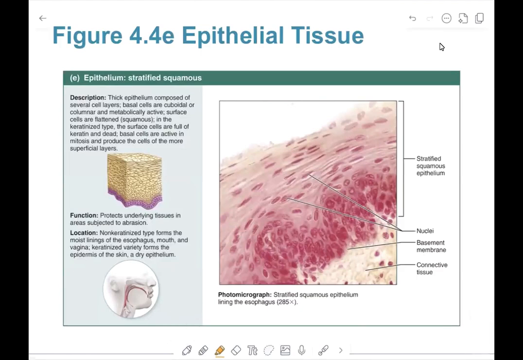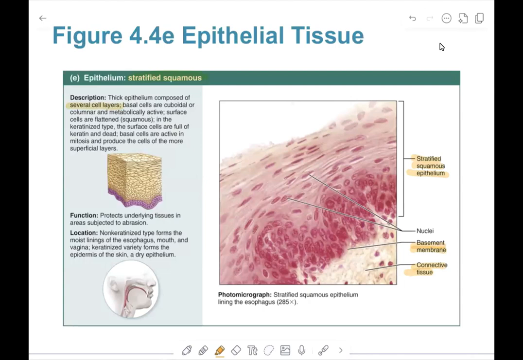So the next two that we're going to look at are stratified layers. They have many layers to them. It's called stratified squamous. Stratified means many layers. Notice that under the basement membrane is the connective tissue layer, and it's thick epithelium composed of several cell layers.